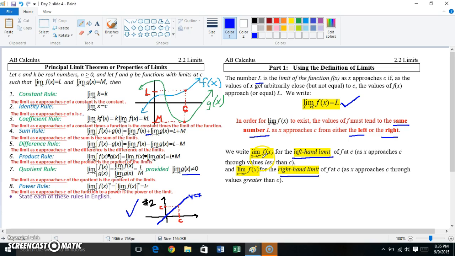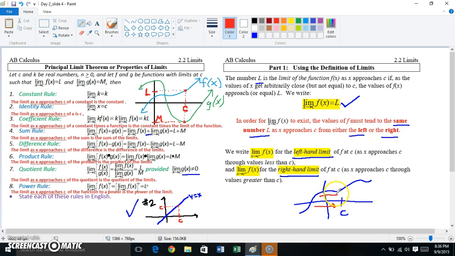We use the notation x approaches c with a little negative sign, almost like an exponent, saying we're approaching c from the left. So graphically, if here is c and here is some function, as we approach c from the left, as x gets close to c from the left, what's happening on our graph?